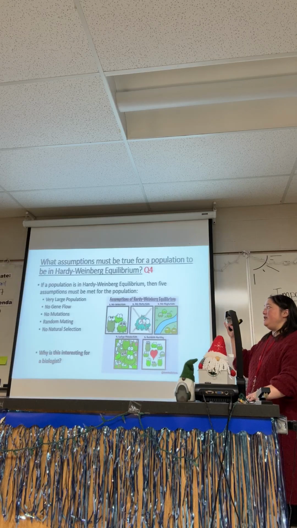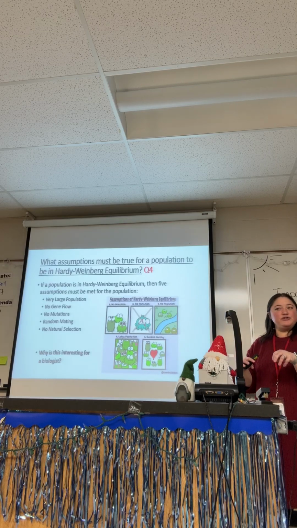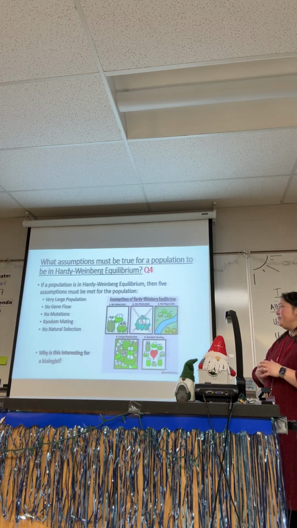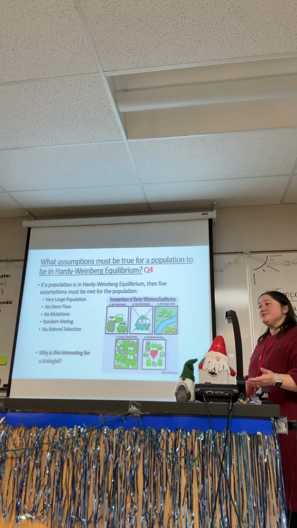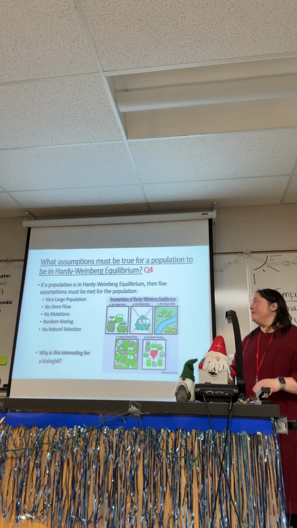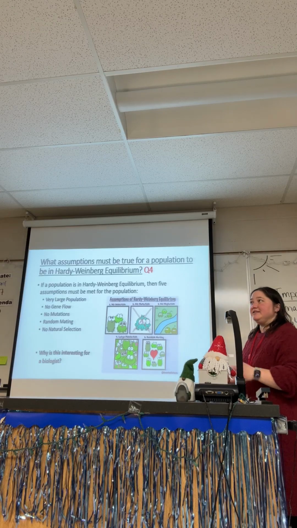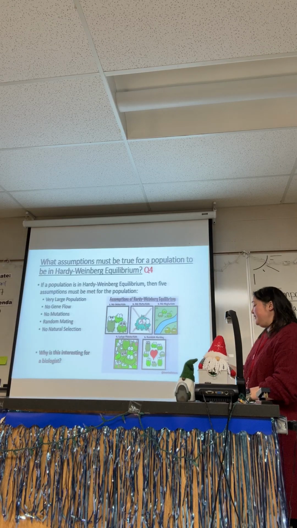If we meet all of those assumptions, then we will not see the population change over time. We will be in Hardy-Weinberg equilibrium. This gets to be interesting for a biologist in quite a few different ways, because once you break one of those assumptions and move away from them, then we'll start to see that allele frequency shift a little bit and change, and then we start to see evolution occur.